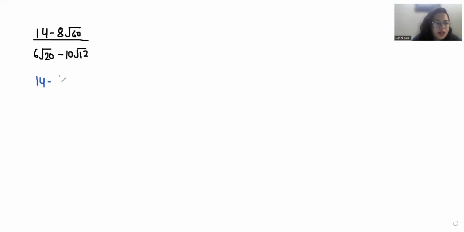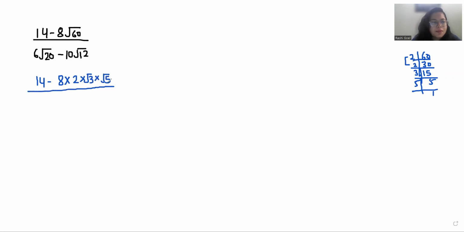So 14 minus 8 times root 60, if I take LCM, 2 times 30, 15, 3 times 5 and 5 times 1. So these two pairs come out: 2 root 3 times root 5 by 6 times, similarly root 20, root 10, 5, 1.